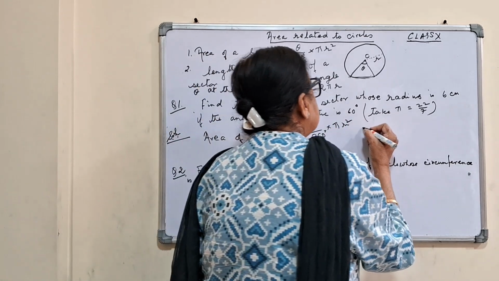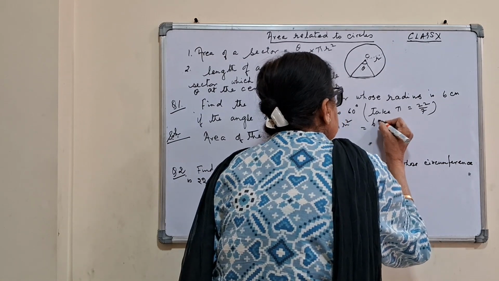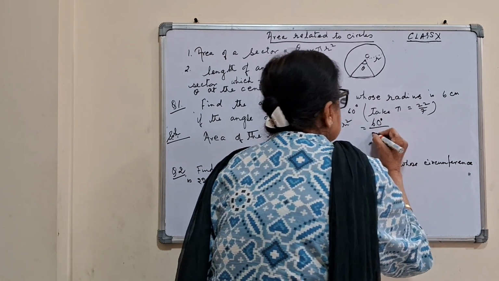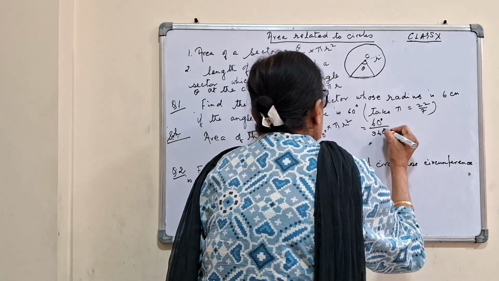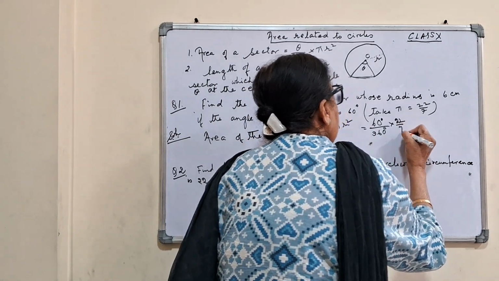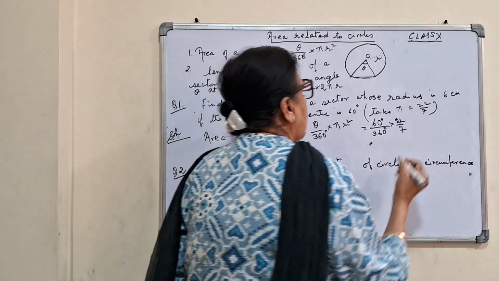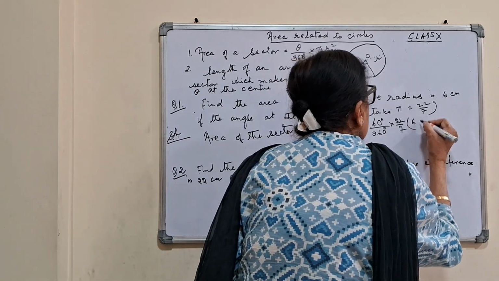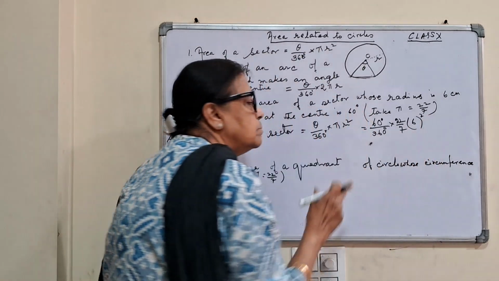What is your theta here? 60 degree by 360 into pi, we will take 22 by 7, and r is 6, square.